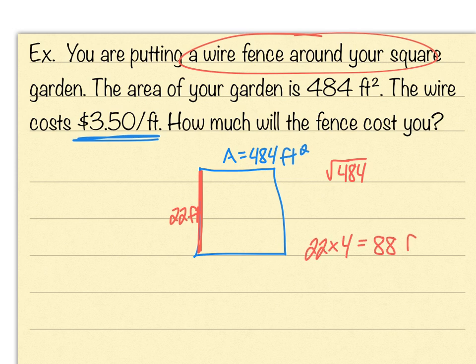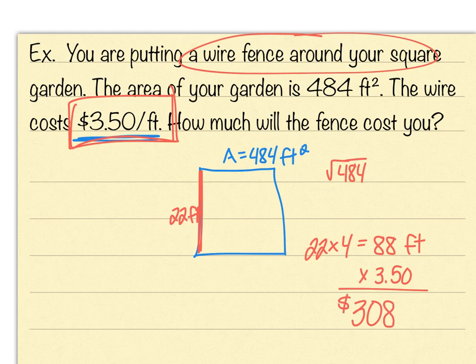So I need 88 feet of fencing. Normally I'd be done because I have my perimeter, but it actually wants me to find the cost. So if each foot of wire is $3.50, we're going to multiply that by 88. When you do that, you get 308, and our answer would be in dollars.